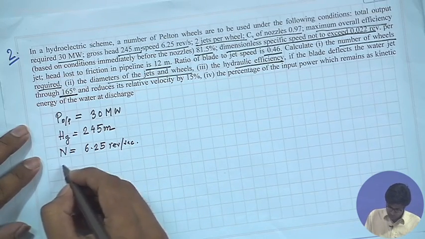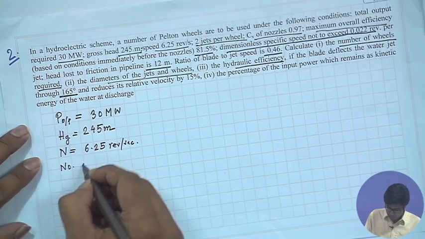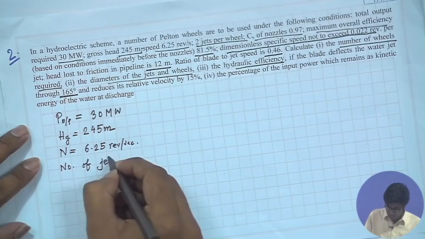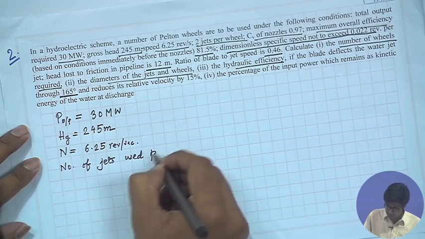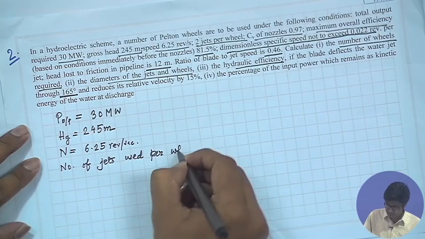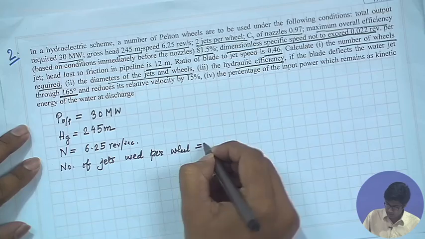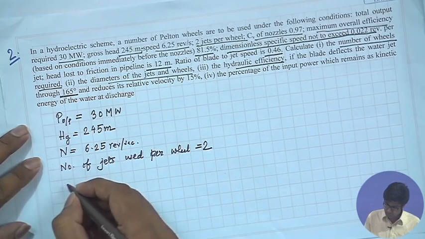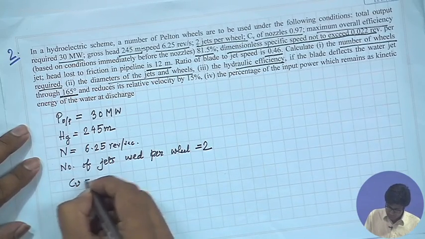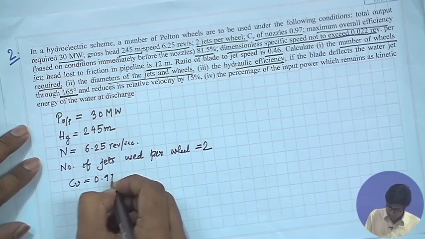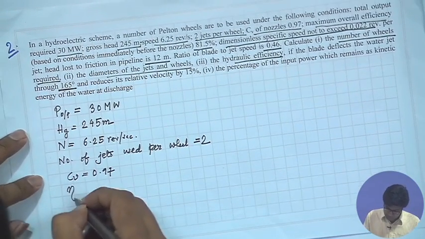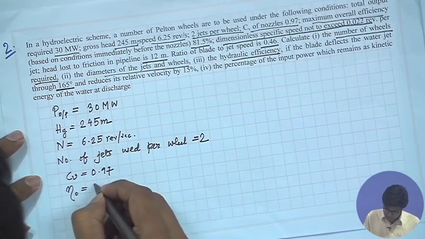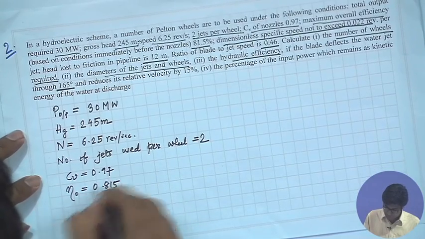Number of jets used per wheel is 2. Coefficient of velocity is given as 0.97. The overall efficiency is given as 0.815.